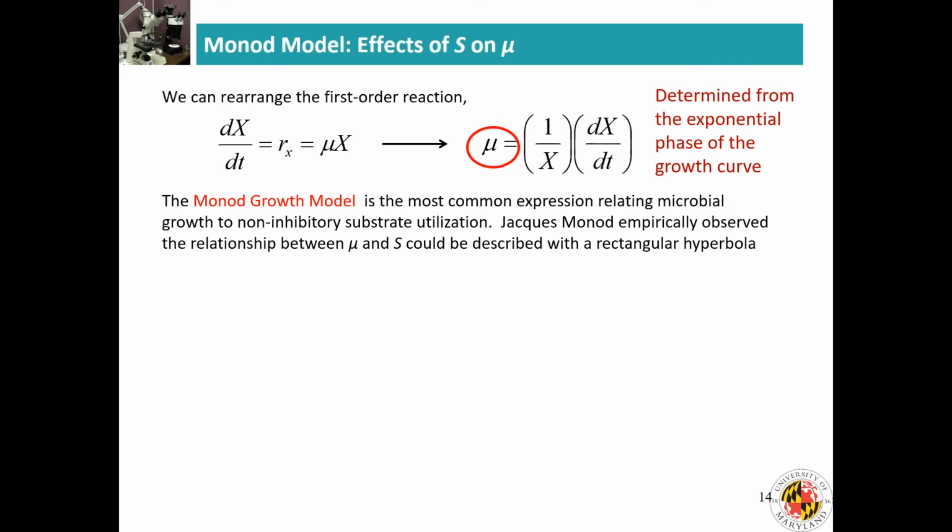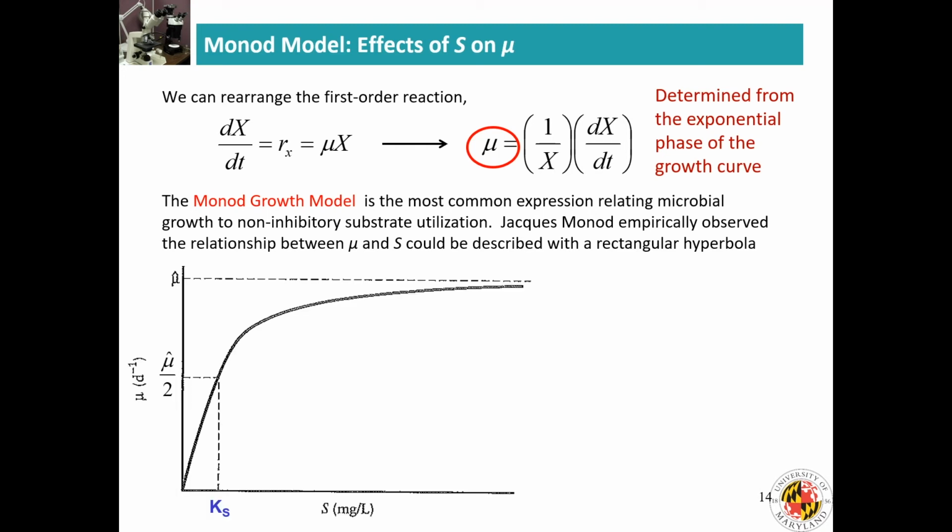And therefore we are looking for a relationship between the growth rate and the substrate removal. So this guy, Monod, was able to empirically observe the relationship between a specific growth rate and substrate concentration. This is the graph that he found through his studies.